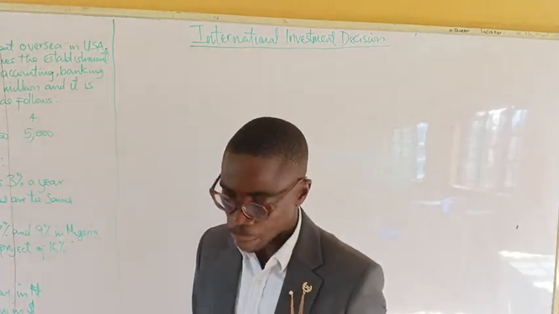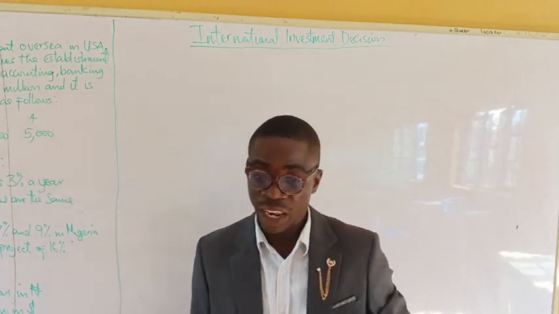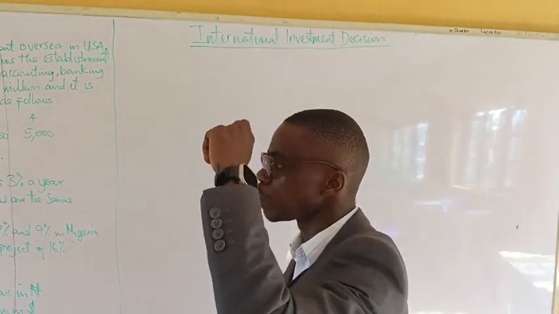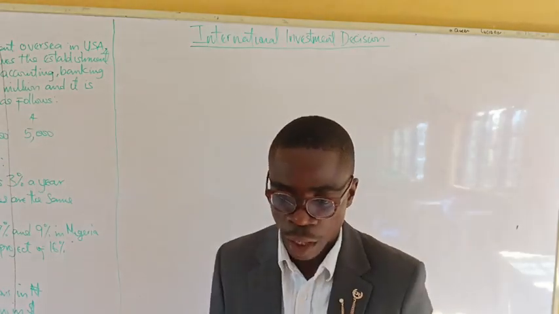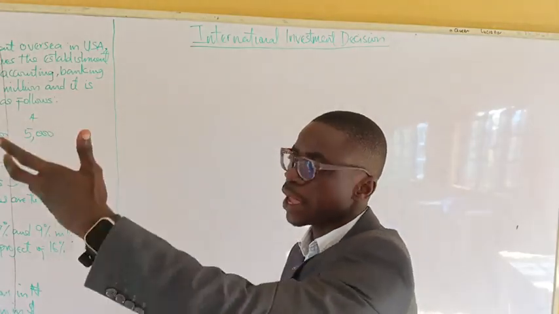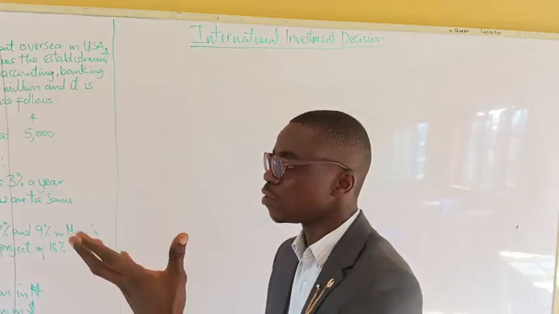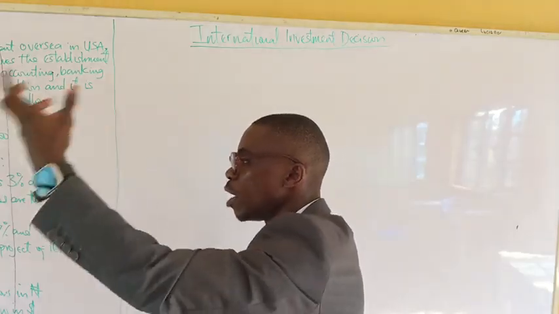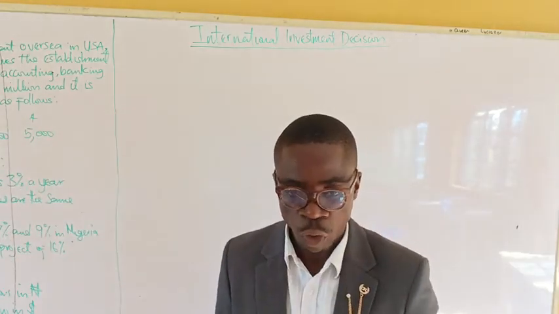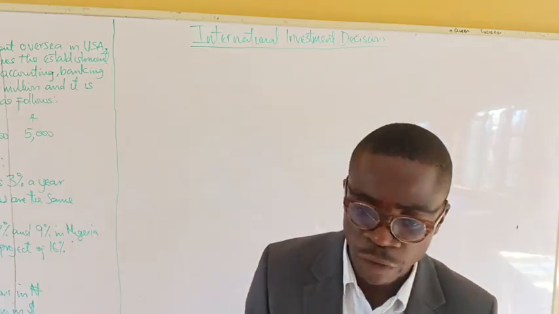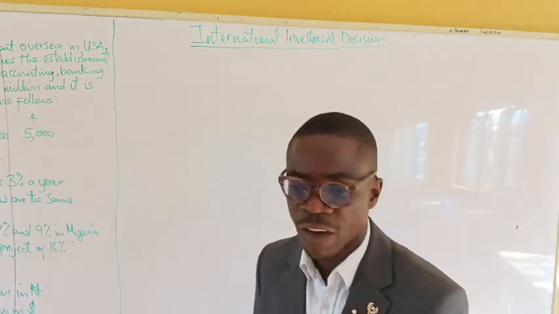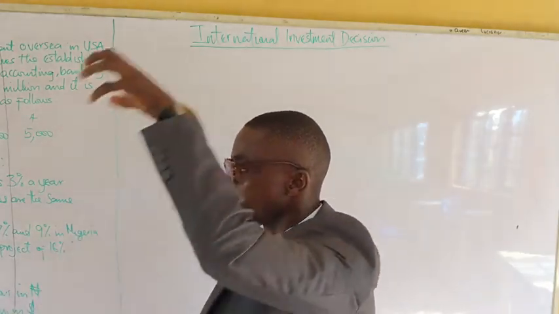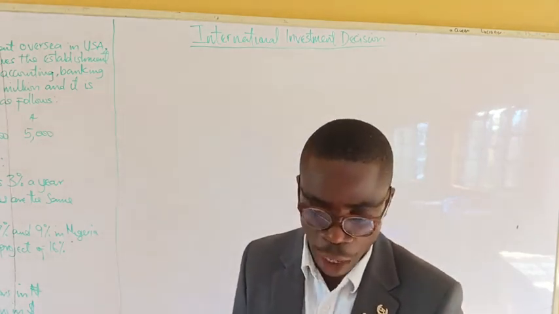It's just like, let's say I'm in Nigeria and I want to invest in a company in Kenya. I will need Kenyan currency to invest in that country, because that's the currency they are using there. So most of the cash flow for foreign investments is going to be in the currency of the foreign country. Am I communicating?